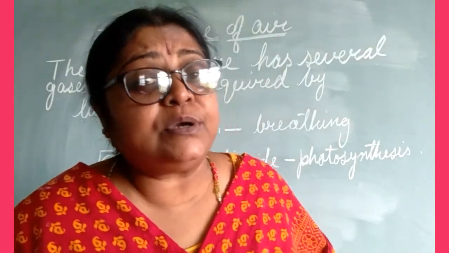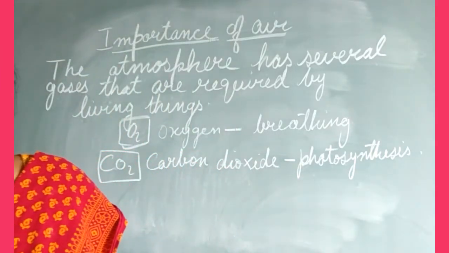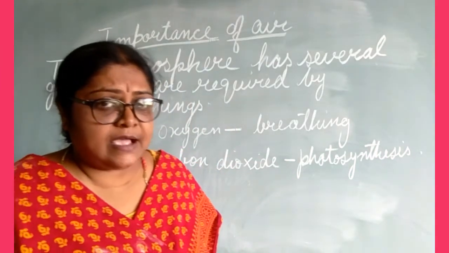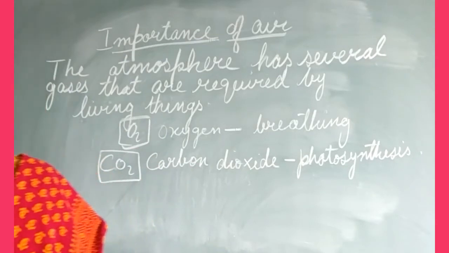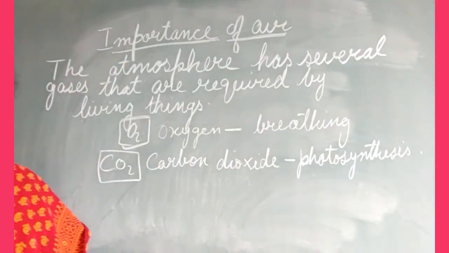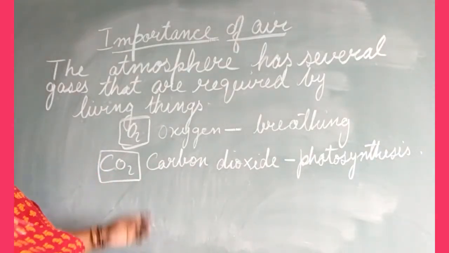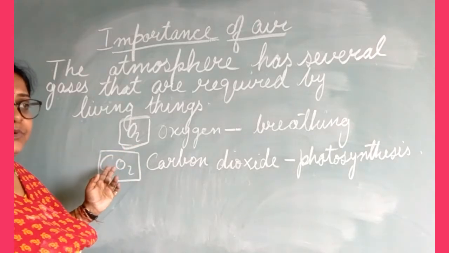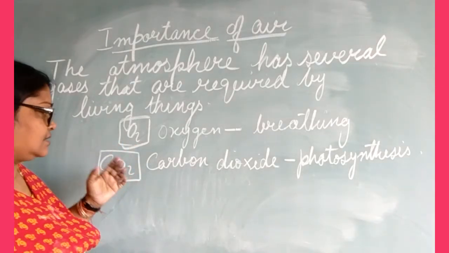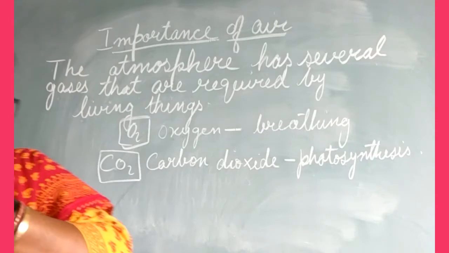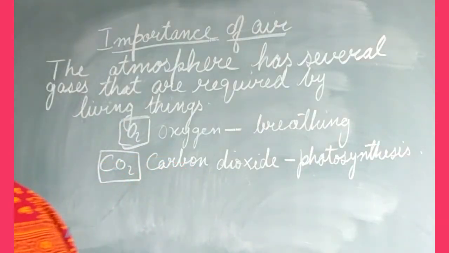But what gas do they need? They need carbon dioxide to prepare their food in the process of photosynthesis. So oxygen we write as O2 and carbon dioxide as CO2. This is the short form of oxygen and carbon dioxide.